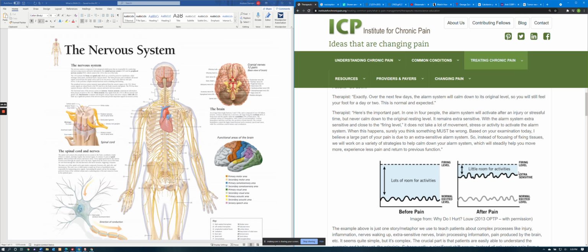One of the main takeaways is that in chronic pain conditions, compared to acute pain, the nervous system changes and becomes more sensitive, so that nerves in the body are turning on more readily because they're closer to the threshold of turning on.